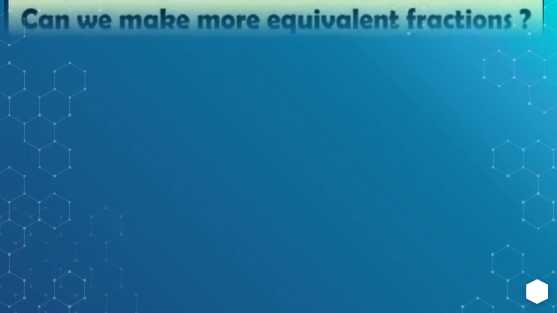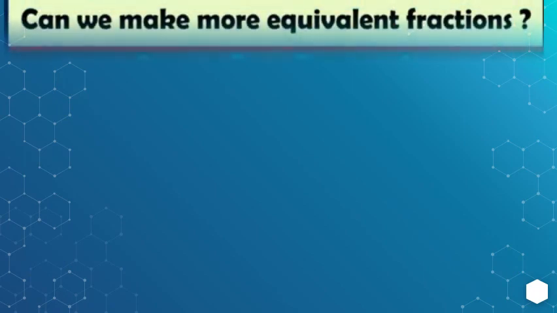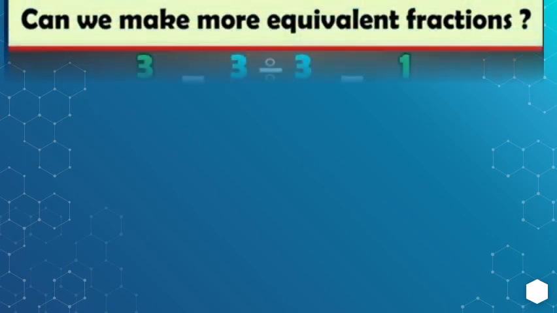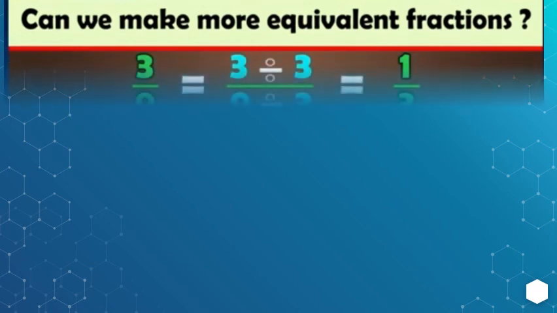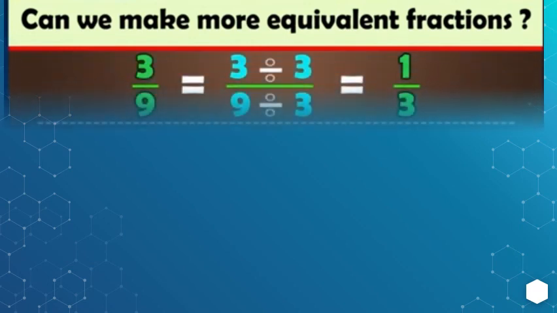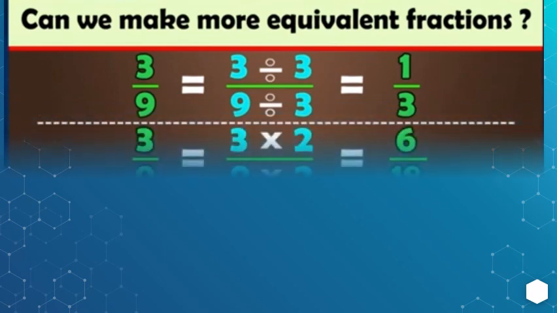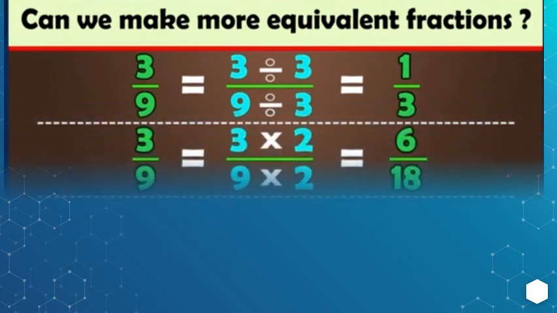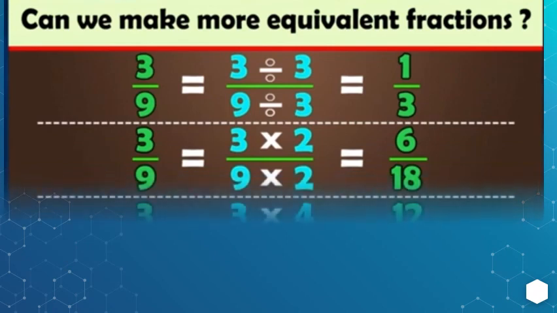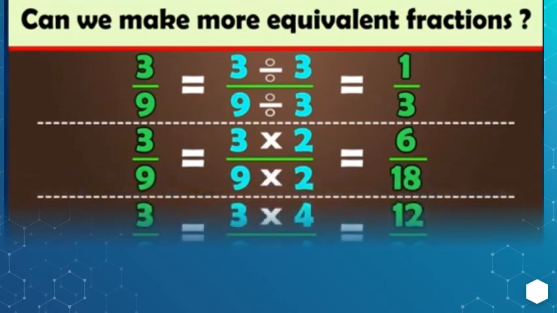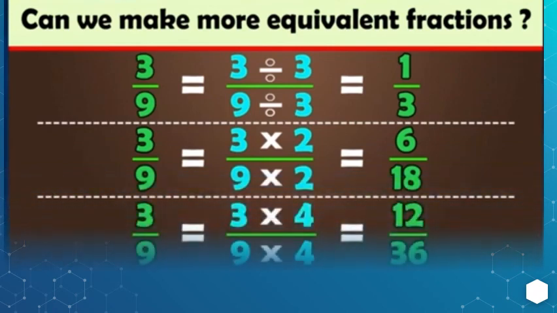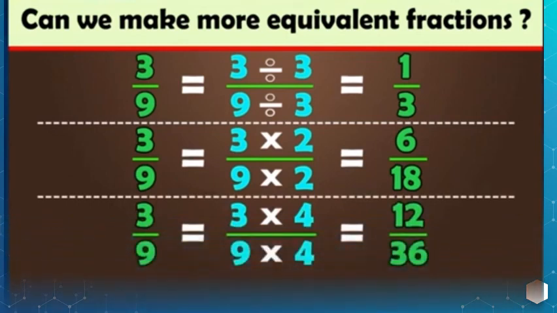How can we make them? First, we divide the numerator and denominator of 3 by 9 by 3. Then we multiply the numerator and denominator of 3 by 9 by 2, and we will get 6 by 18. And 12 by 36 by multiplying the numerator and denominator by 4.